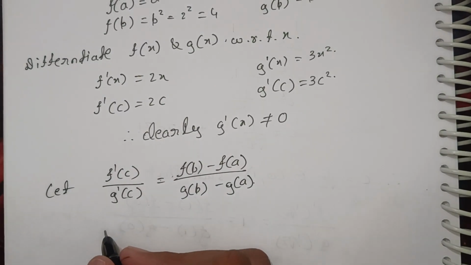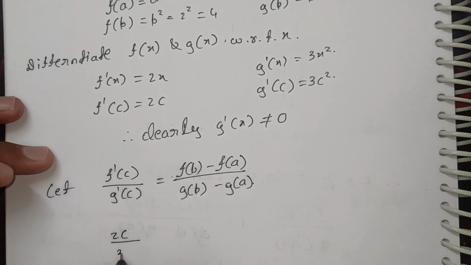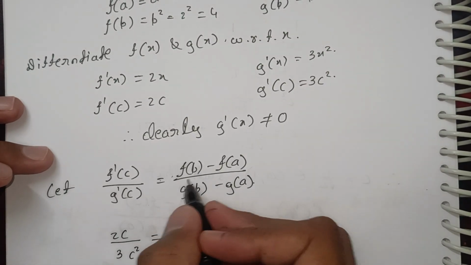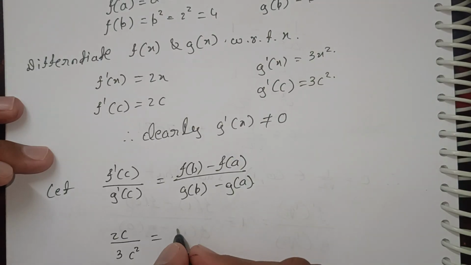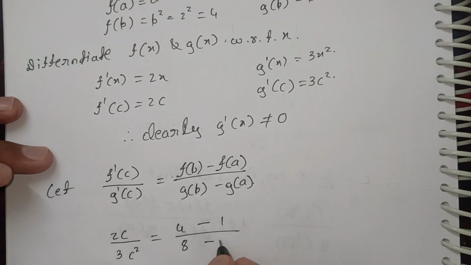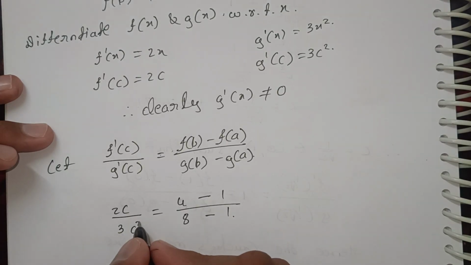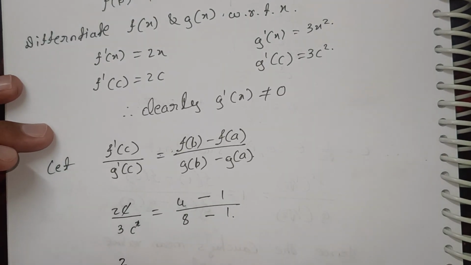So what is our f dash of c value? It is 2c, and g dash of c is 3c square, and f of b is 4, f of a is 1, g of b is 8, and g of a is 1. So now c will cancel with the square: 2 by 3c is equal to 4 minus 1, that is 3, by 8 minus 1, which is 7.